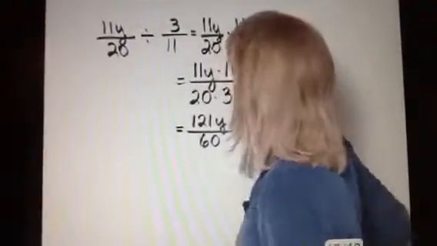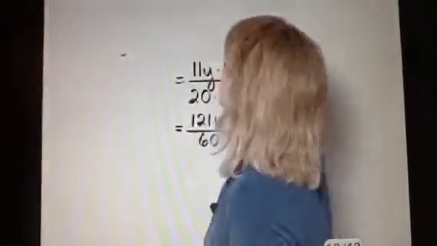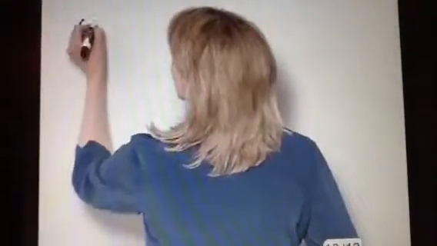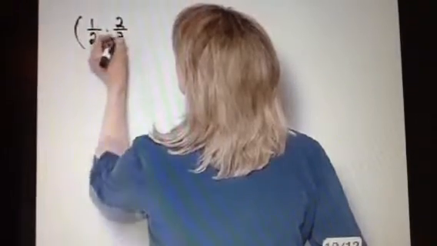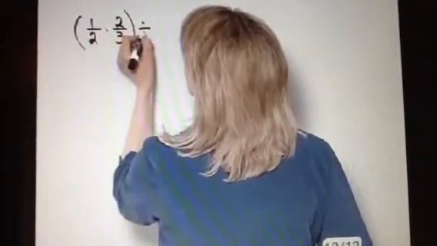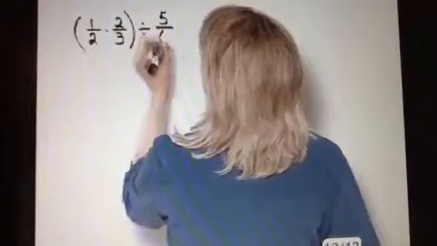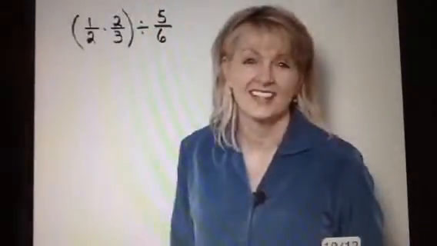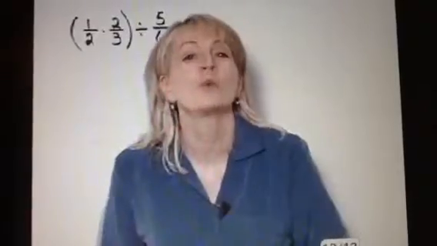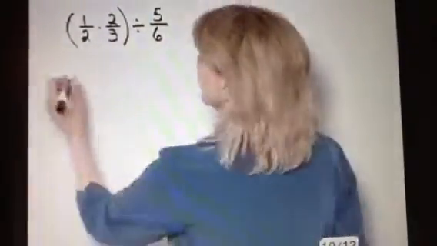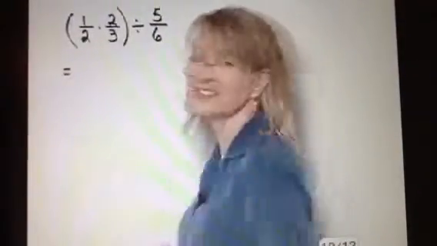Now let's try where we're actually multiplying and dividing. Let's suppose we have 1/2 times 2/3 in parentheses, and then divided by 5/6. Since the 1/2 times 2/3 is in parentheses, we will multiply first, although we would anyway as we perform operations from left to right.